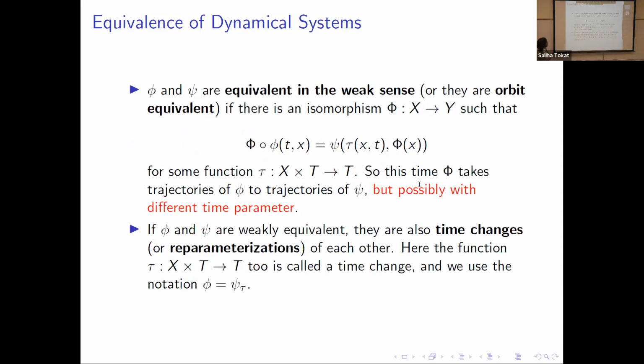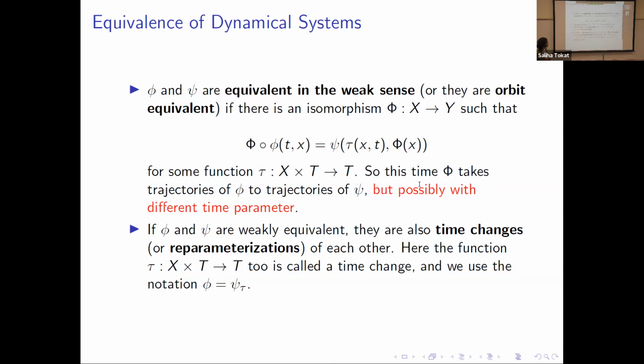And phi and psi are equivalent in the weak sense, again taking one flow, one dynamical system, and giving another dynamical system. But in this case, this t in here is tau in here, a function that depends on x and t. In this isomorphism, the time parameter could be different. I mean, the time parameter changes, the parameterization of time.